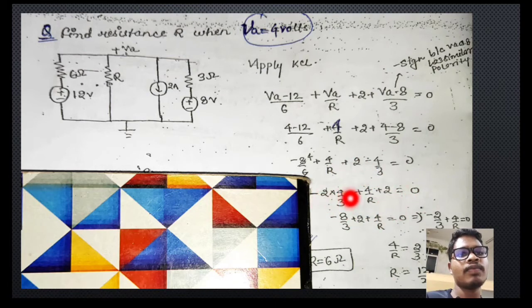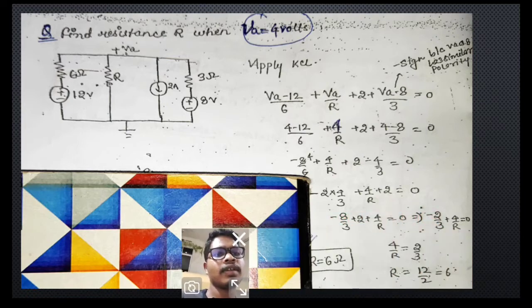So minus 2 into 4, that is 4 into 2 is 8, so minus 8 divided by 3 plus 2 plus 4 divided by R equal to 0. So after calculating this, 3 into 2 is 6, minus 8 plus 6, that is minus 2 divided by 3, and minus 2 divided by 3 plus 4 divided by R equal to 0.